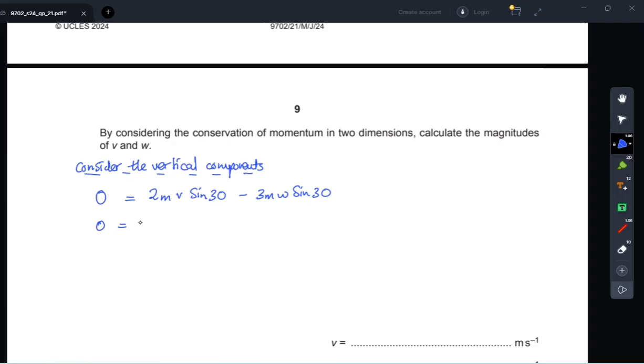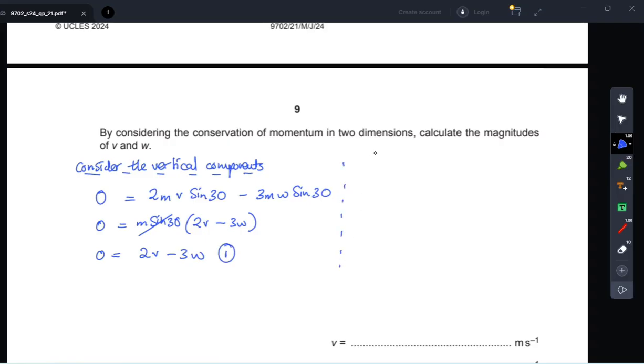So 0 is equal to m sine 30 times 2v minus 3w. Dividing both sides by m sine 30, we have 0 is equal to 2v minus 3w. We can call this equation number 1.